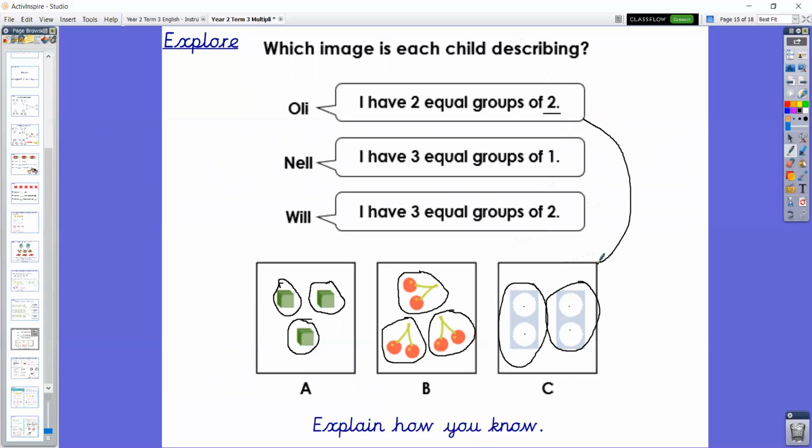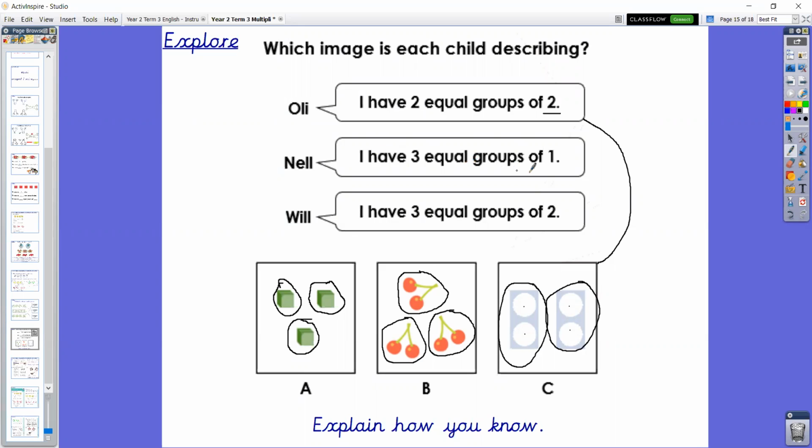I wonder if you could pause the video here and discuss at home what picture Nell is describing and what picture Will is describing. Well done, Year 2. So let's have a look together. Nell says, I have 3 equal groups of 1. We can see in picture A and B that they both have 3 equal groups. So we need to look closely at what is inside each equal group.